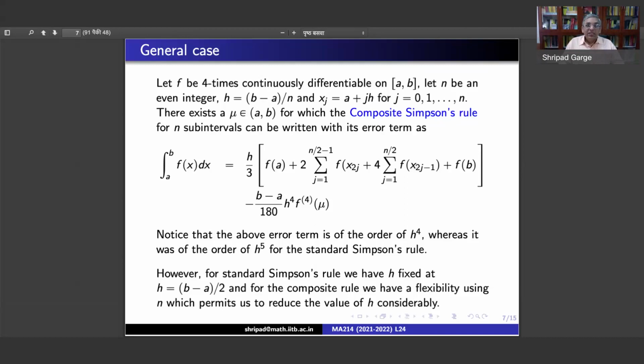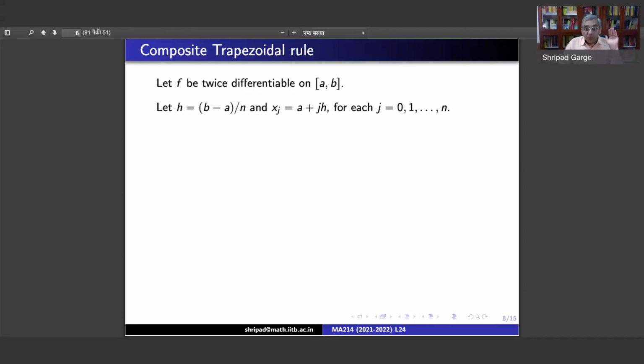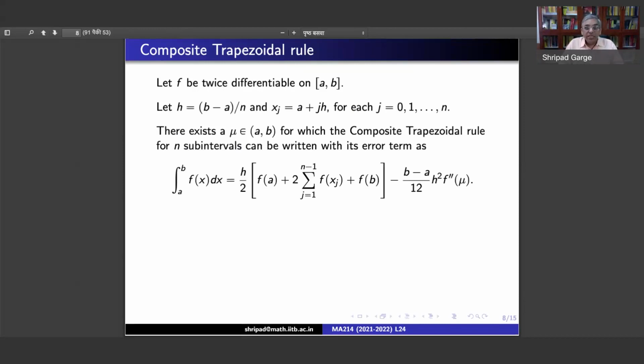Okay, so we similarly have the composite trapezoidal rule, meaning of course the Simpson's rule was obtained after the trapezoidal rule. Then we went to composite Simpson's rule, so there are similar composite trapezoidal rules. Here we need the function to be only twice differentiable. h is (b minus a) upon n, xj is defined accordingly, and we have a similar formula with the error term, which says that there is a mu, with which the formula looks as follows.